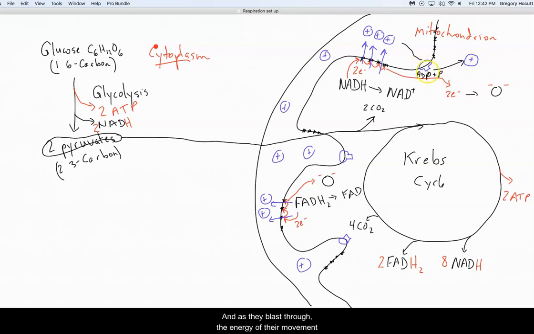And as they blast through, the energy of their movement literally cranks this enzyme. The entire shape of the enzyme cranks down and snaps ADP and free phosphate together, and that yields ATP.